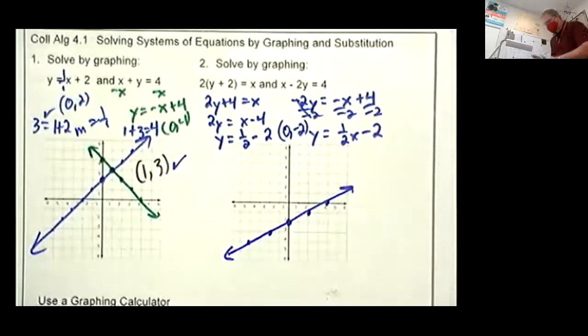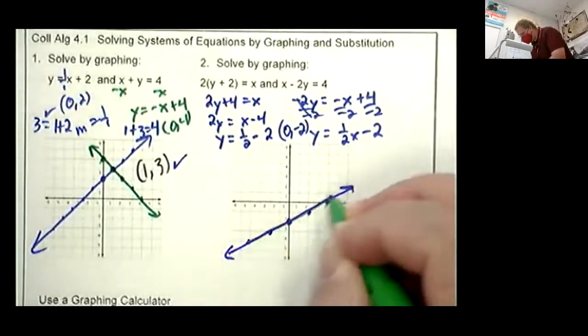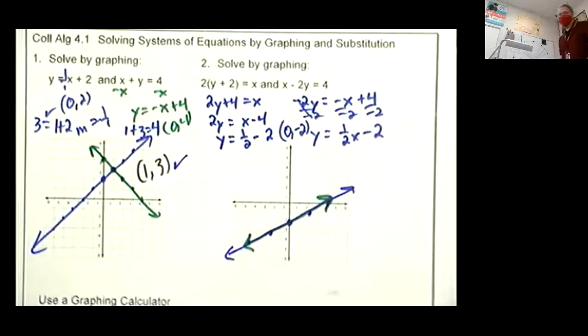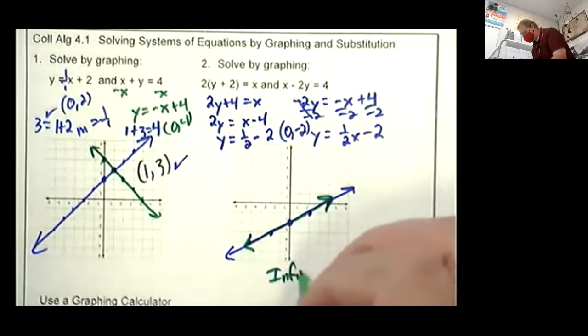And then when we plot our second equation, it's actually right on top of it. So what happened? Well, we get the same equation, and so that's got to be which case. All right, we call that in algebra infinitely many solutions.